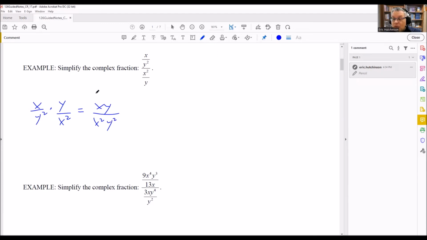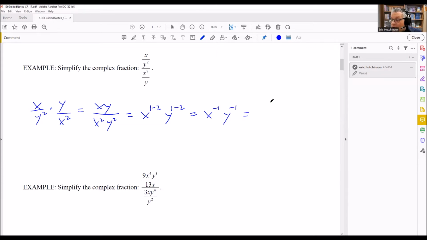When you have something like this, you're going to take the top power and subtract the bottom power with exponents. So you're going to do x to the 1 minus 2, and then y to the 1 minus 2. And you're going to get x to the -1 and y to the -1. But you want to write these as positive exponents.